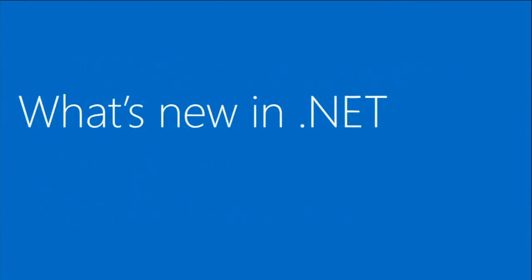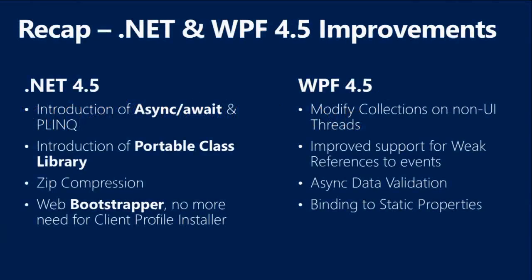And then, what's new in .NET? Because anything new in .NET, you're going to be able to use in WPF. In .NET 4.5, which was a few months ago in September, we had new features available for .NET and therefore for WPF, like async await.